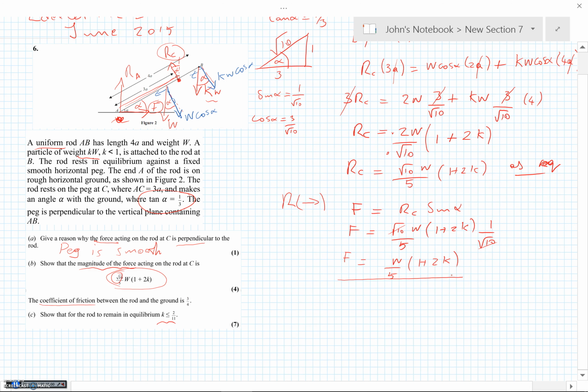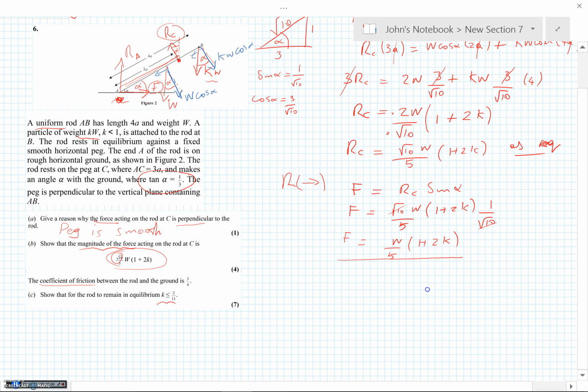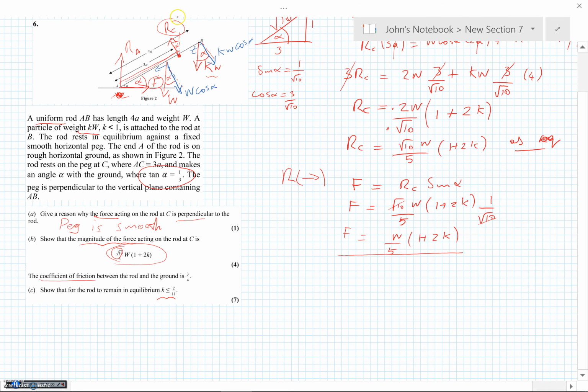Now if we resolve vertically, we're going to get RA in terms of W, because we know RC. We've got RC here, so we're going to get RA, and then we can use the coefficient of friction inequality, F is less than or equal to mu R, to get the required K is less than or equal to 2/11. So if we resolve vertically, we've got RA going upwards plus RC cos alpha going upwards. Downwards, we've got W and a KW.